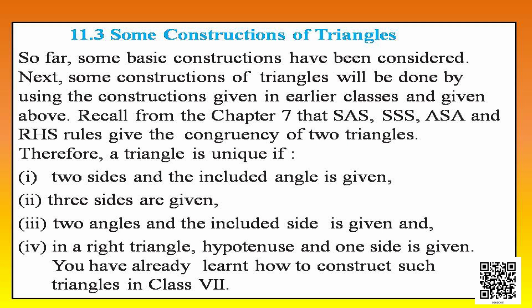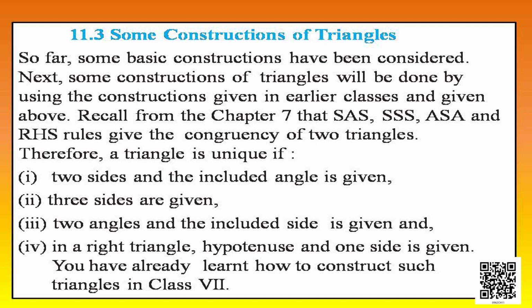So, you can recall from your previous chapter that SAS, SSS, ASA and RHS rules give the congruency of two triangles. Therefore, a triangle is unique if the two sides and included angle is given, three sides are given, two angles and the included side is given, and in a right triangle hypotenuse and one side is given.